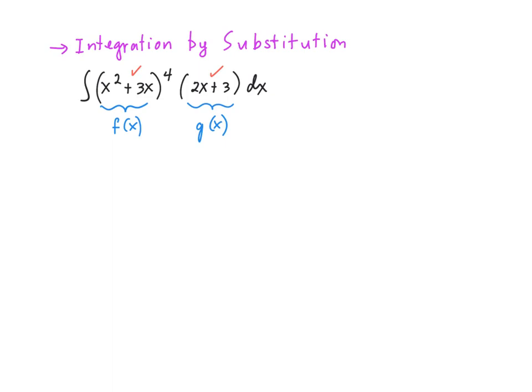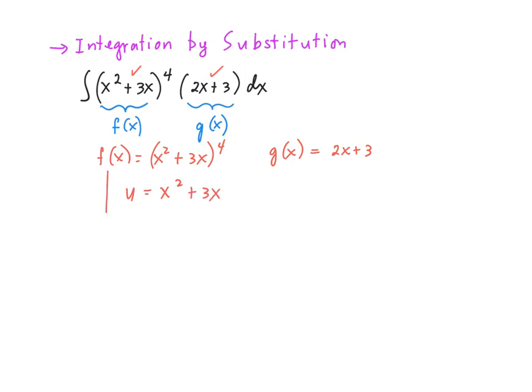Let's write that down. f of x here is x squared plus 3x to the power of 4, and g of x is equal to 2x plus 3. If we make x squared plus 3x u, then u equals x squared plus 3x.